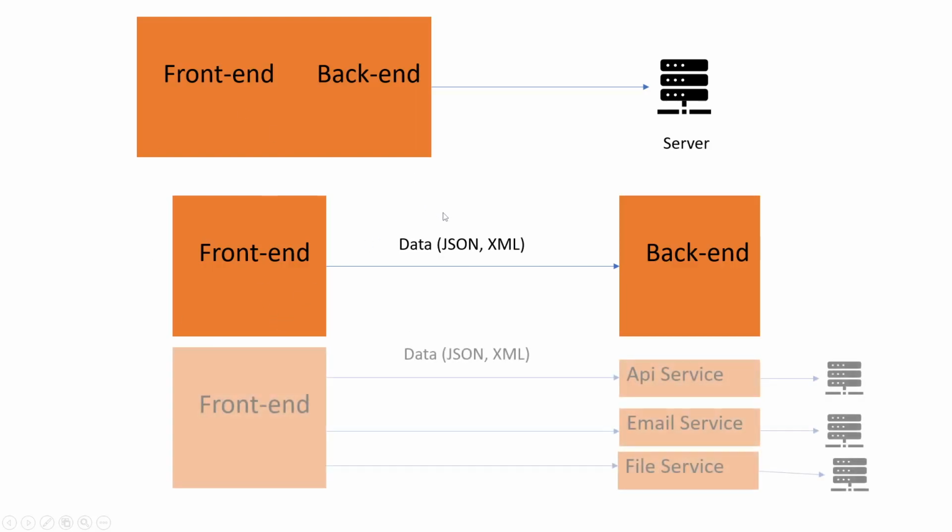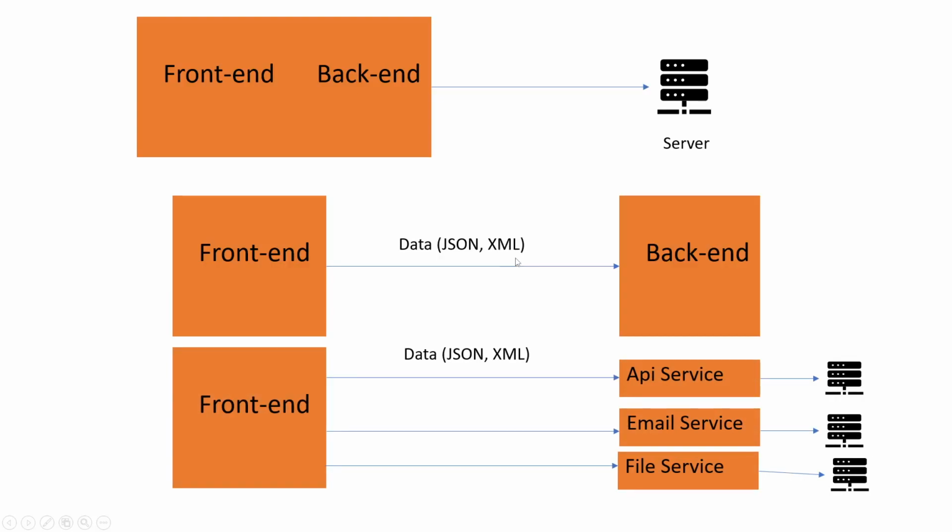Now, right now, there is even more decoupling of the application, and the backend is being split into different functionalities and different services. So you have a service which has the API server, and API stands for Application Programming Interface, but it's just a general term. So you have the service which sends you the data. You have a service for email, let's say your application uses email. You have a service for files. It depends on your application.